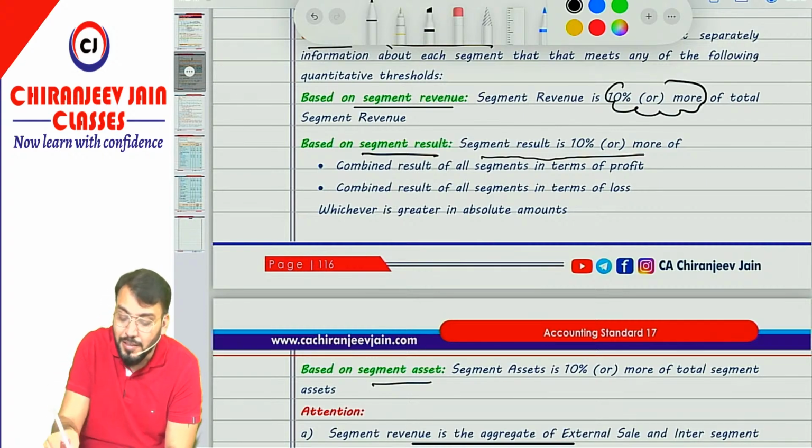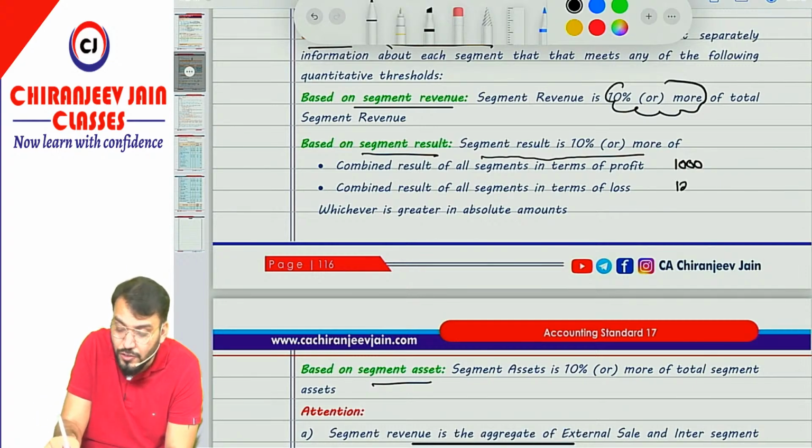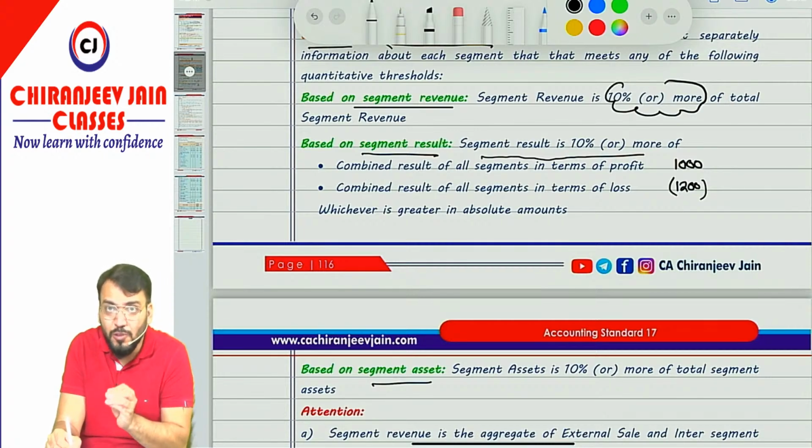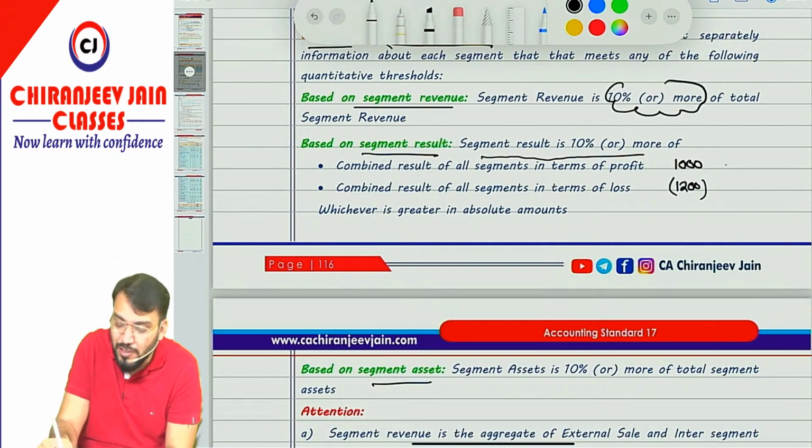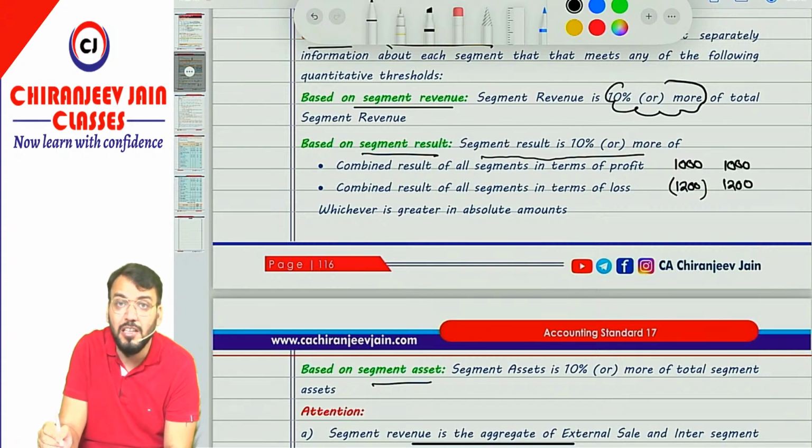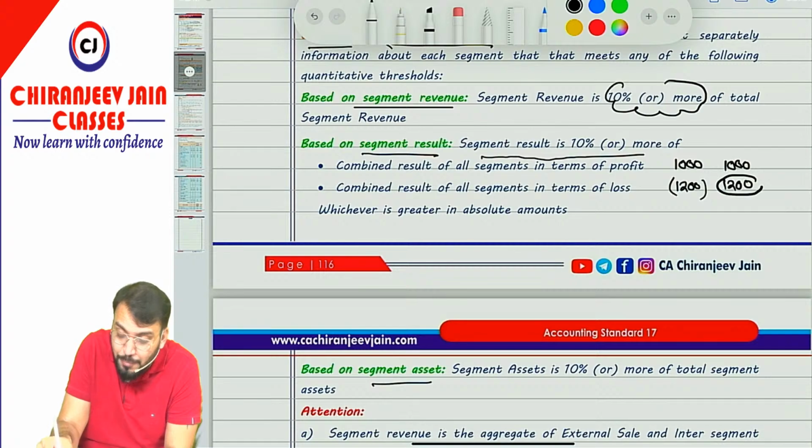For example, the combined result in terms of profit is 1000 and the combined result of all segments in terms of loss is 1200. So it is negative, and a negative amount will always be lower than the positive amount. Therefore we'll take absolute terms, which means we'll ignore the negative sign and compare 1000 with 1200. So this is greater, so this will become the benchmark.